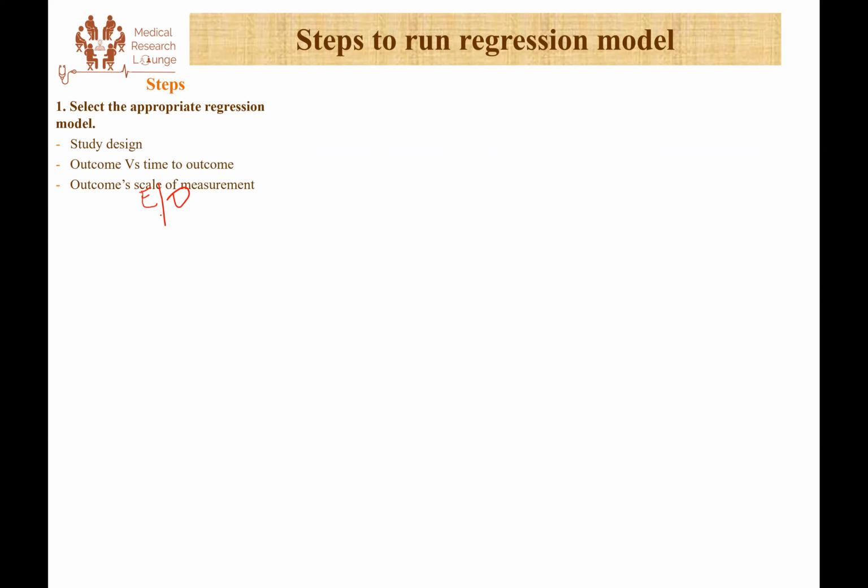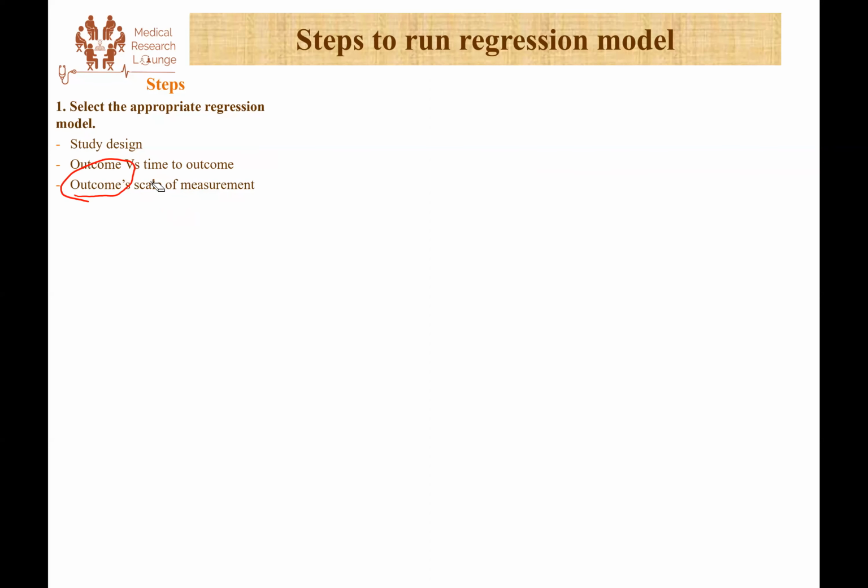But in regression analysis, the only scale of measurement that matters in selecting our regression model is the outcome. This is a very important thing to understand, because people usually get confused by considering their exposure variable's scale of measurement too. To pick the right regression model, the only scale of measurement you have to refer to is the outcome. Forget the exposure scale of measurement. It's not relevant in regression analysis.